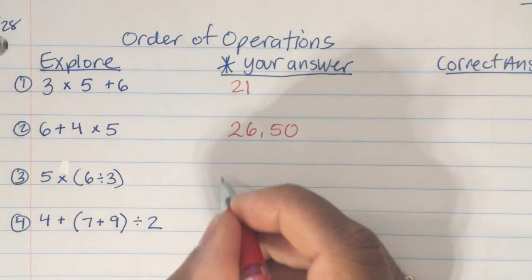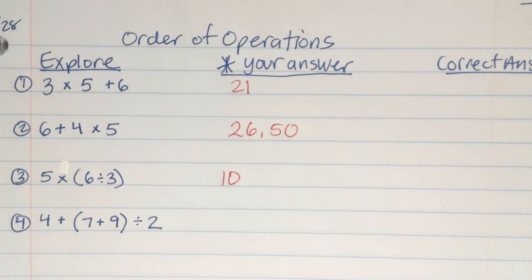Alright, we got 10 over there. Okay, so almost everyone put 10. That's cool. No worries. We can do 10. I have no issue with that. Okay, now let's do the last one.